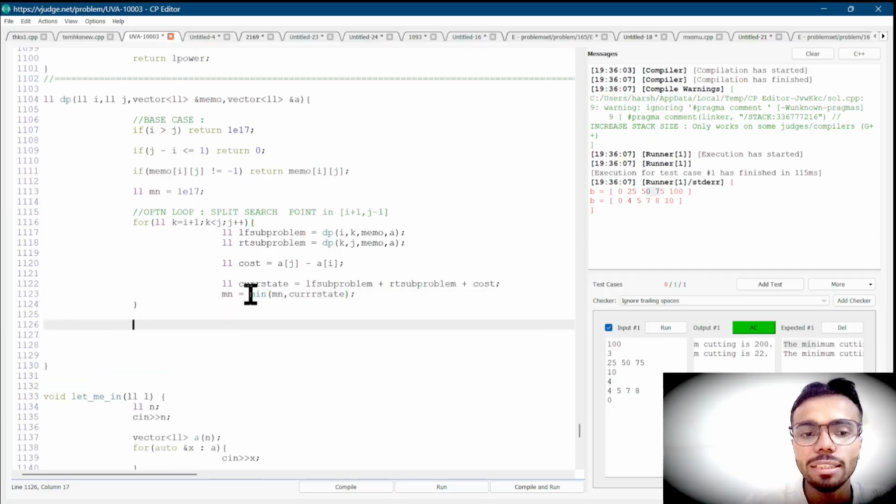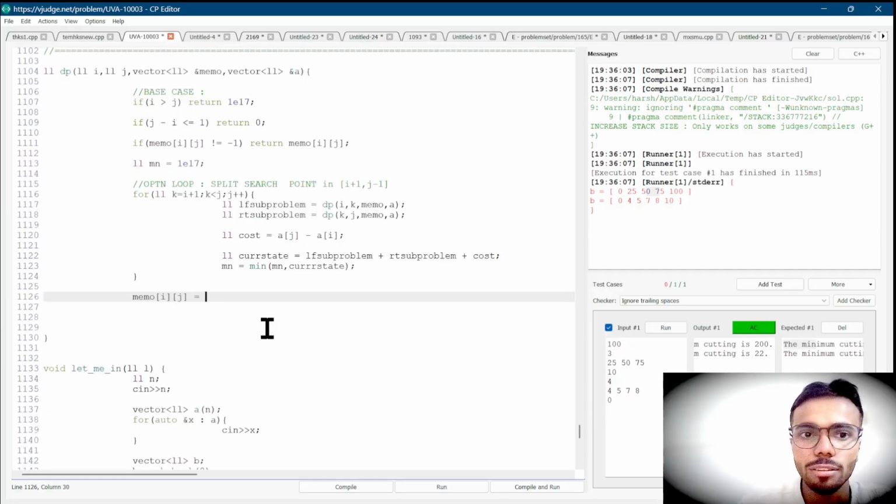Now I'll just cache it and return. That's a simple thing in memoization. It saves memory, else you get recursion, and the stack will overflow. So I'll just cache it and return.